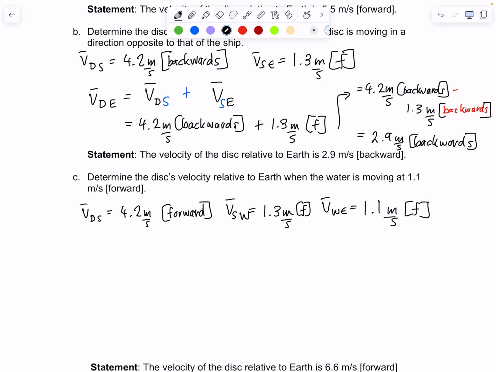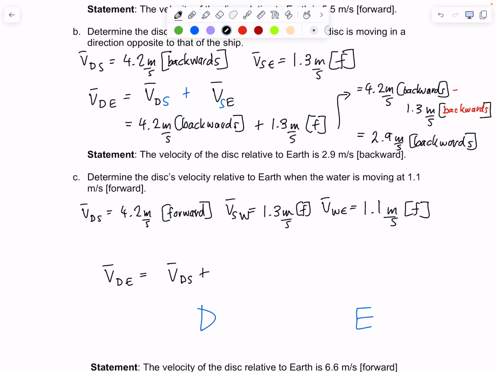So what I want to find is the velocity of the disk relative to the earth. My first variable has to be d, and my last variable has to be e. I need to pair these three up, overlap variables where I can, so that I start off with d and I end up with e. If I'm starting off with d, I need the velocity of the disk relative to the ship.